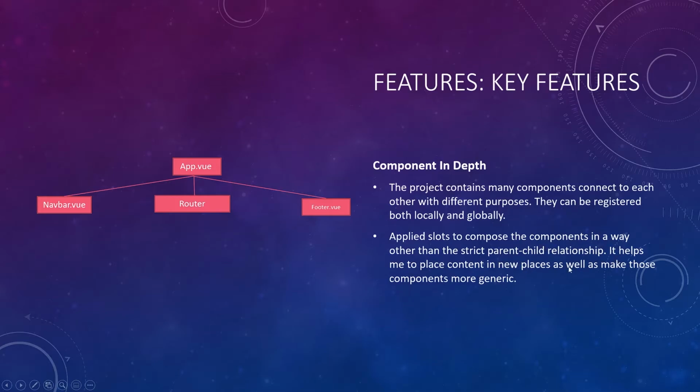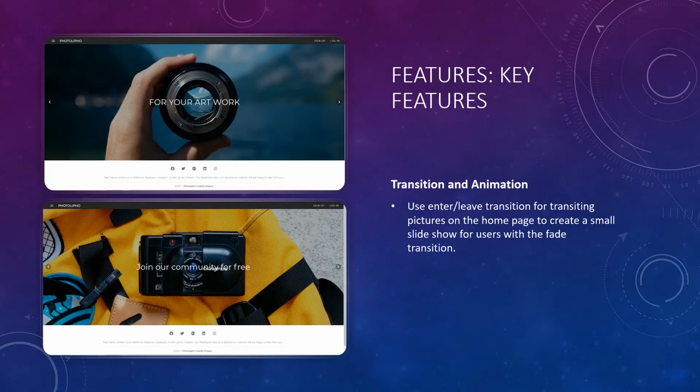It helps me to place content in new places as well as make those components more generic. And next is transition and animation. In this, I decided to use enter-leave transition, which is a very simple and common effect for transitioning pictures on the home page to create a small slideshow for users with the fade transition.